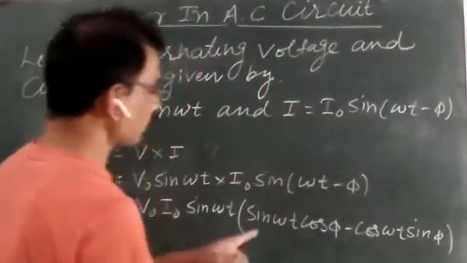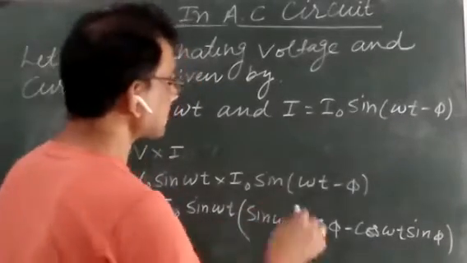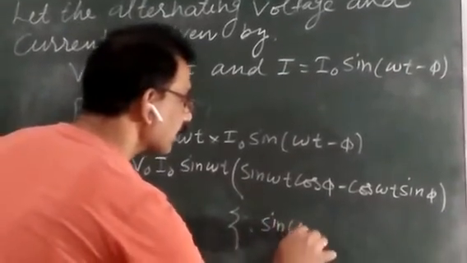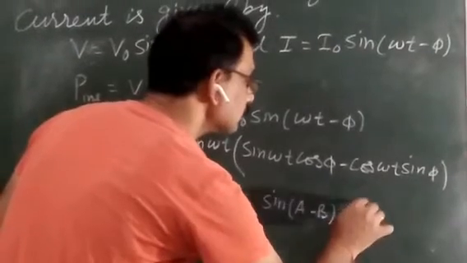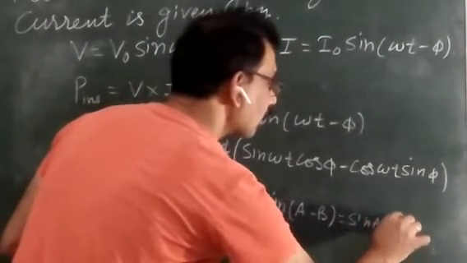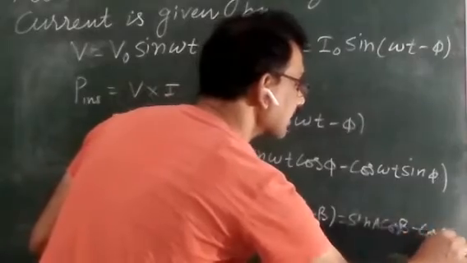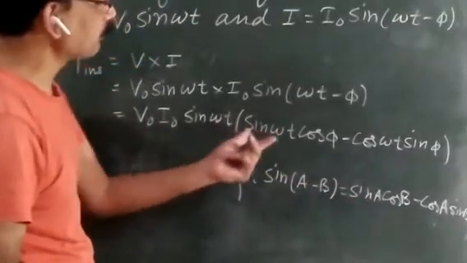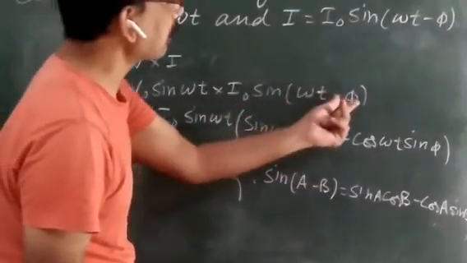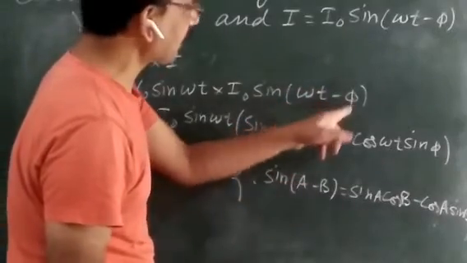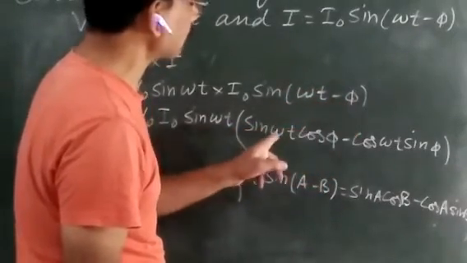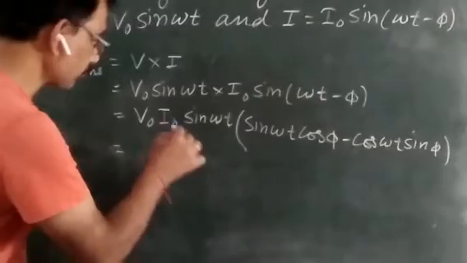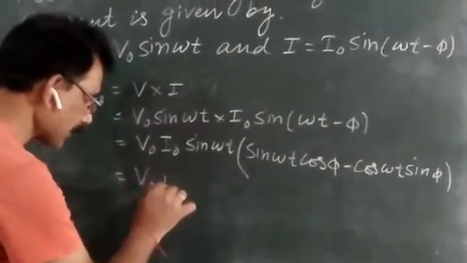The formula I am using here is sin A minus B. Write it down here: sin A minus B is equal to sin A cos B minus cos A sin B. This is the trigonometrical formula, and I am using that formula in the case of sin omega t minus phi. So suppose omega t is A, phi is B. So you can write sin omega t minus phi as sin omega t cos phi minus cos omega t sin phi. And this is equal to V naught I naught.